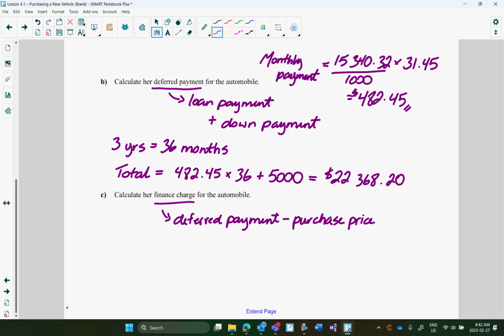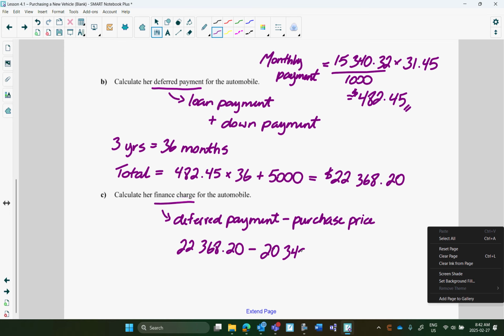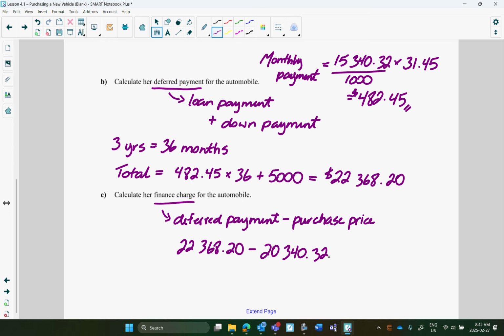So the deferred payment we got from the previous question, $22,368.20. The original price of the vehicle, assuming that was taxed too, was $20,340.32.